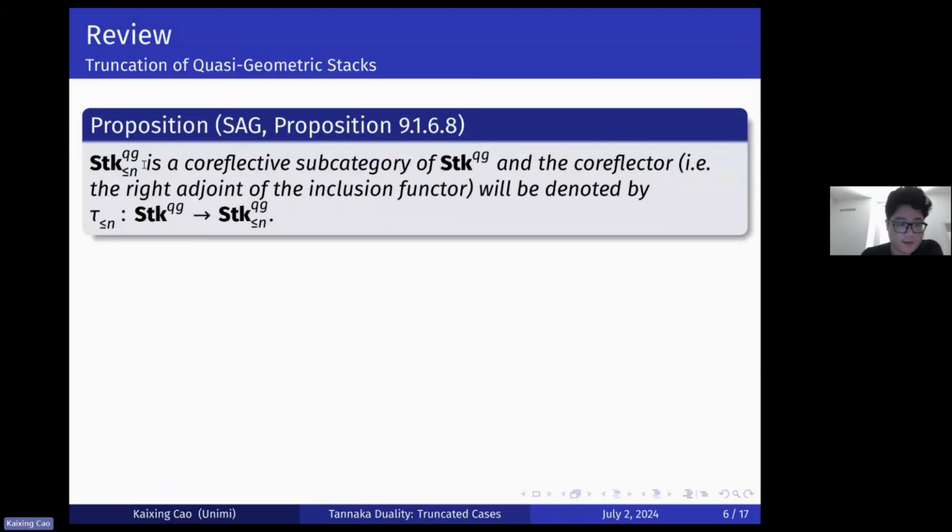So we know that the n-truncated quasi-geometric stacks form a coreflective subcategory of the category of all quasi-geometric stacks, and the coreflector, the right adjoint of the inclusion functor, will be denoted by the standard truncation notation.